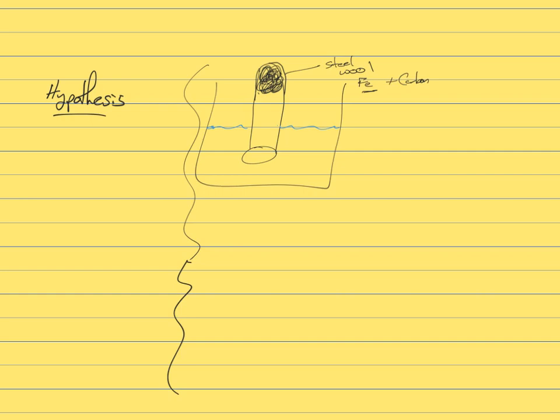What it says in the notes is, what is going to happen when the steel wool soaked with water and vinegar sits in the test tube over time? What would you expect as results? What do you expect is going to happen?